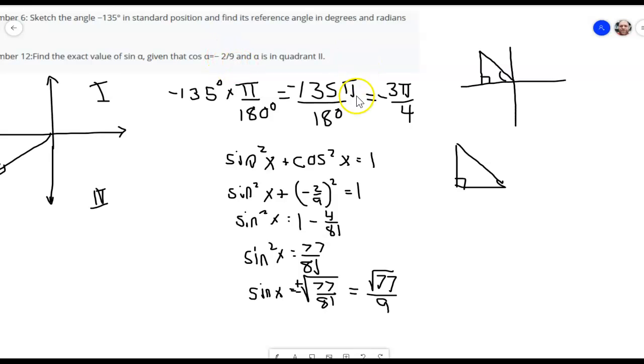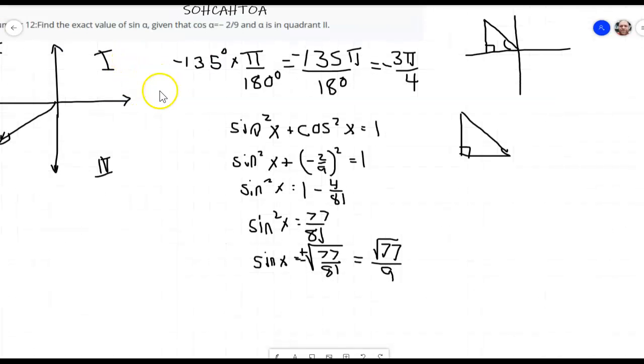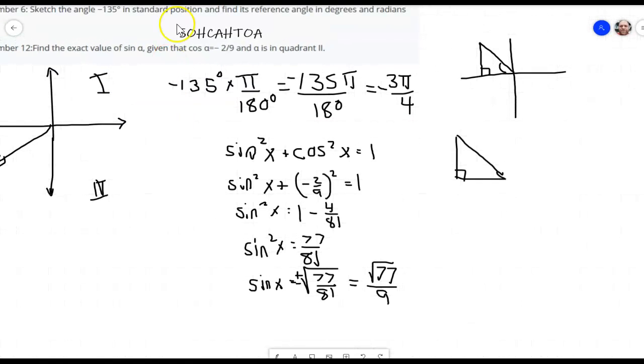Now, if you remember from SOHCAHTOA, let's write that down. SOHCAHTOA stands for the sine is opposite over hypotenuse, the cosine is adjacent over hypotenuse, and the tangent is opposite over adjacent.